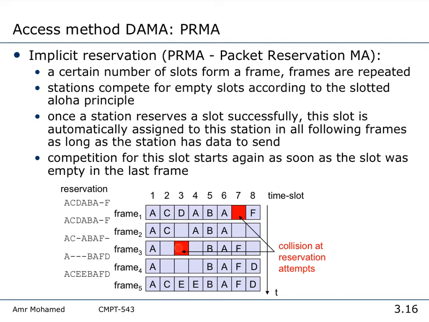Because these slots have become available, and 2 nodes tried to send at these time slots, so collision will happen. Okay? So on one hand, this is good because I have actually eliminated the reservation phase. On the other hand, I allowed the collision to happen at the transmission phase. But I tried to reduce that a little bit using the implicit reservation.